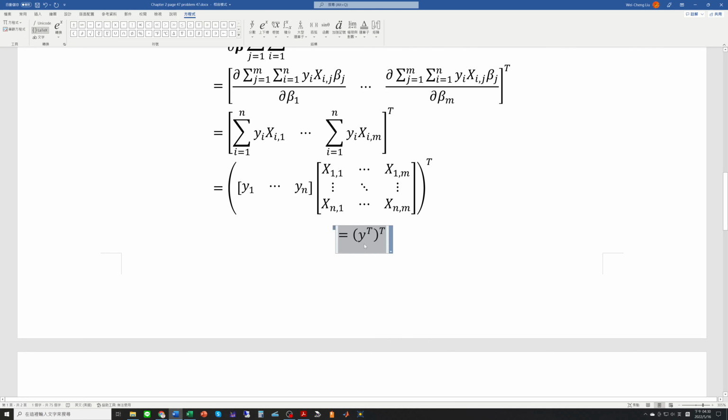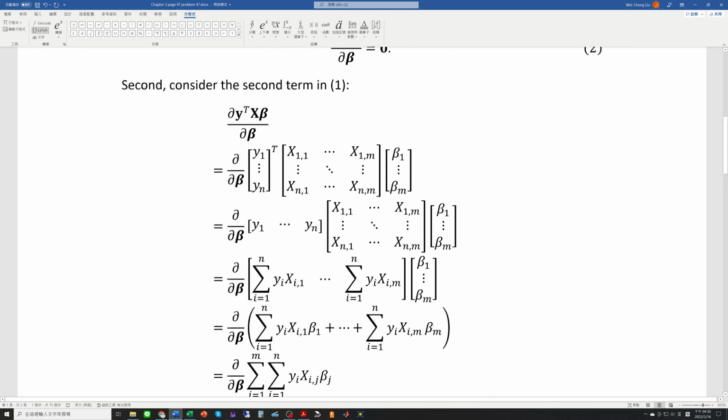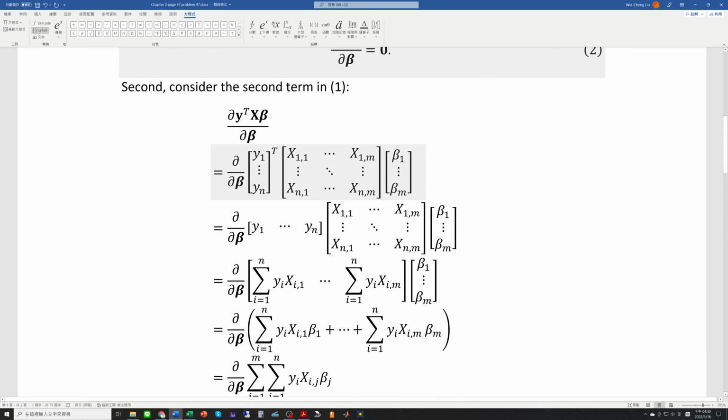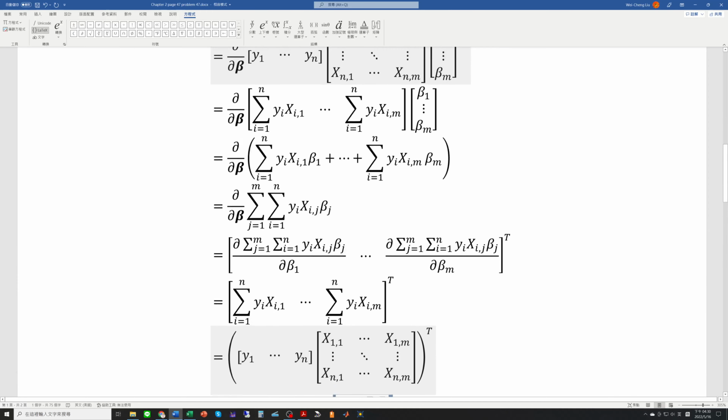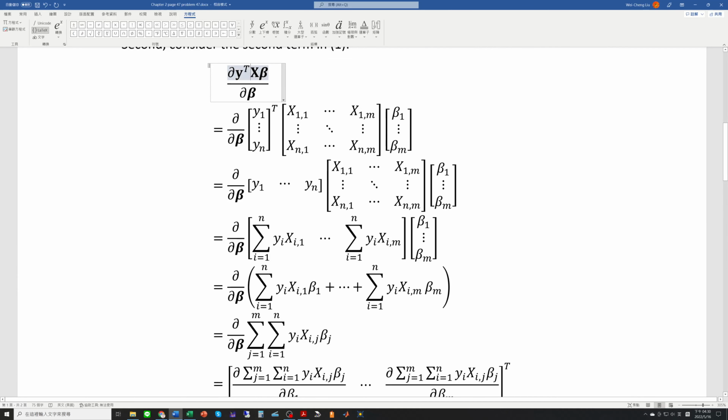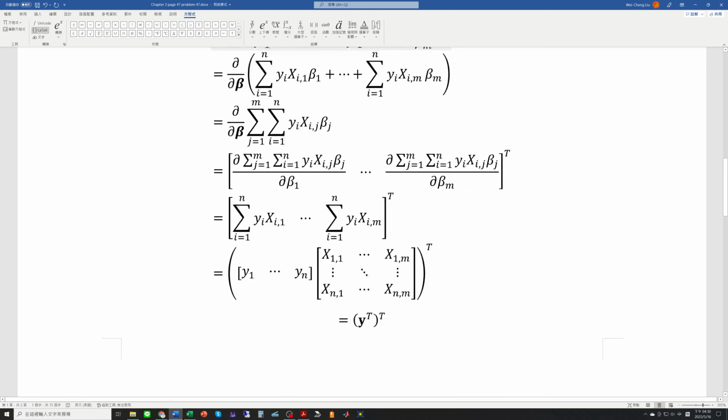It is equal to y, bold and not italic, transpose. And the second matrix, compared to the matrix above, they are the same. So this matrix is equal to X. So we can directly copy X here and paste here.